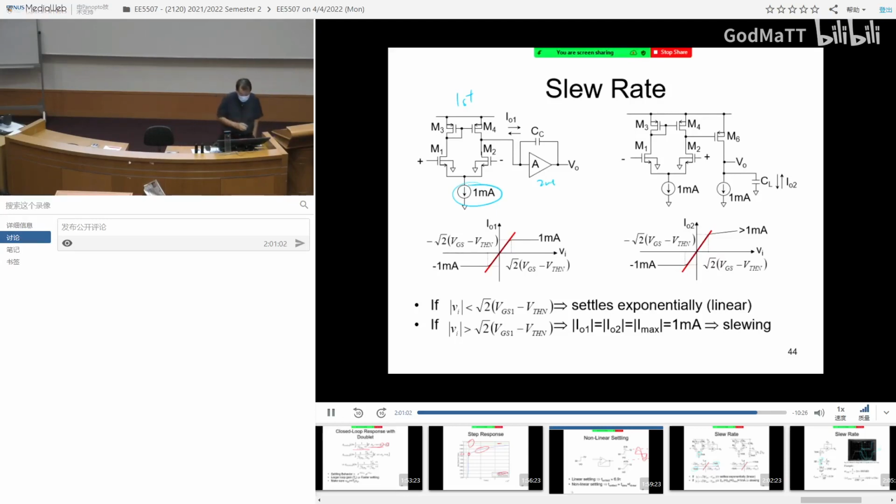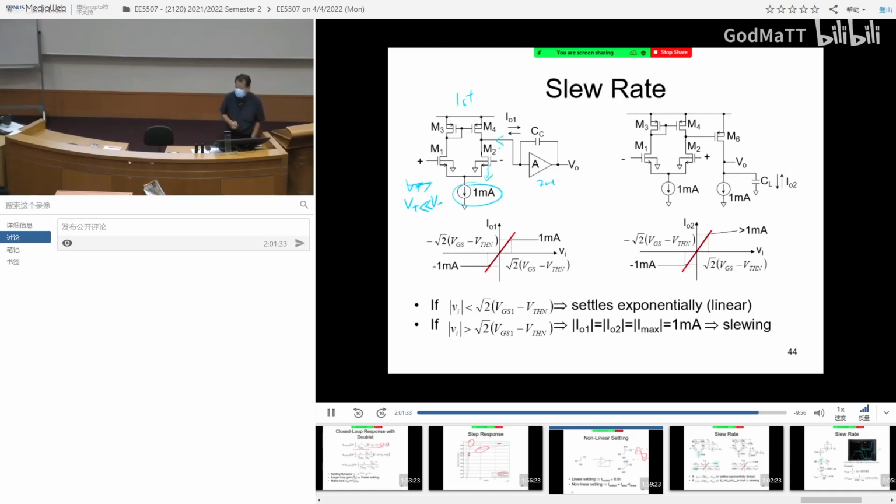So when you are switching, let's say V plus is smaller than V minus. Initially, if the difference is not that big, you can see the current actually changing according to the voltage. But as soon as V plus is much smaller than V negative, then right away all the current flows in this branch.